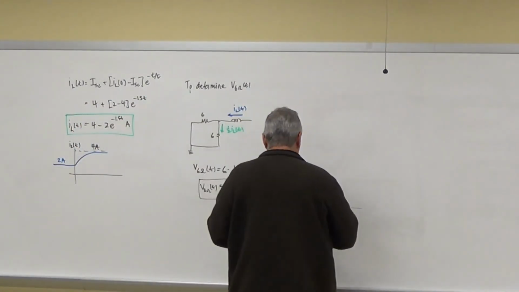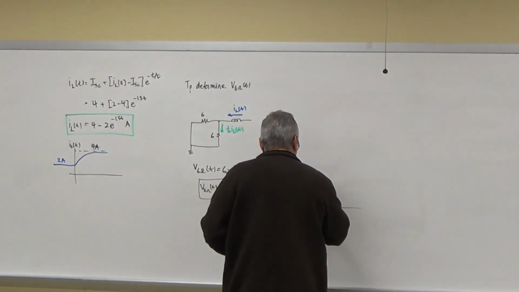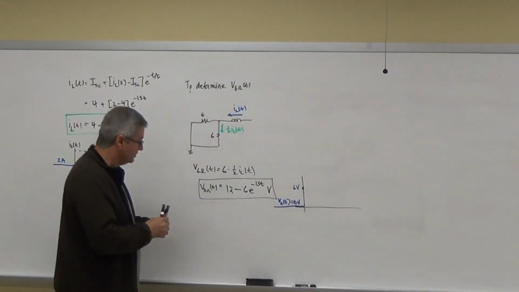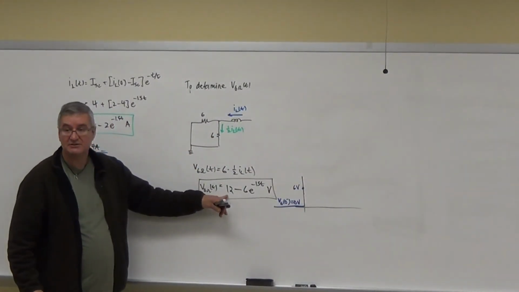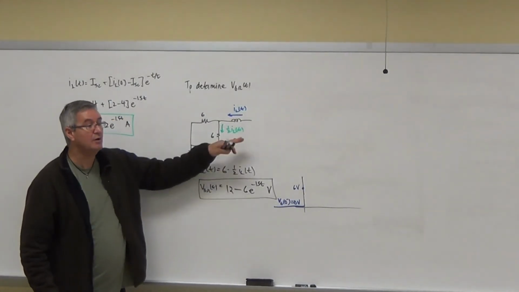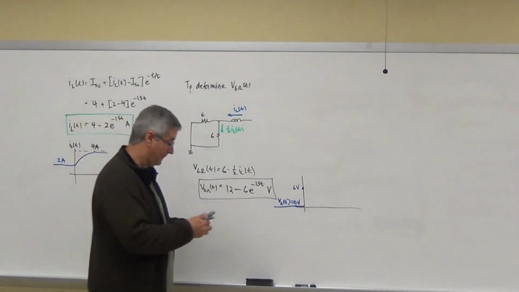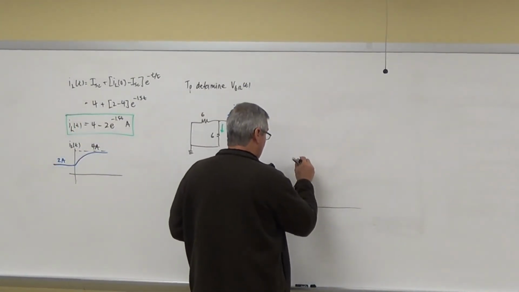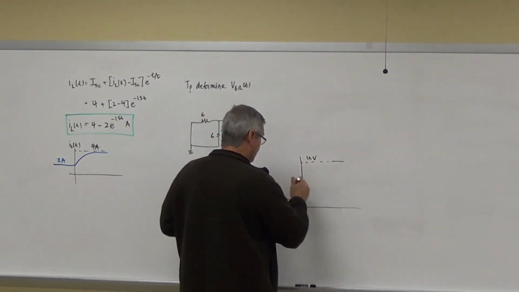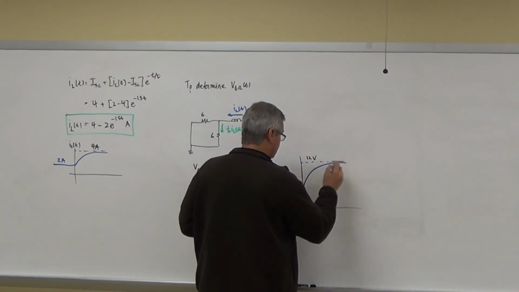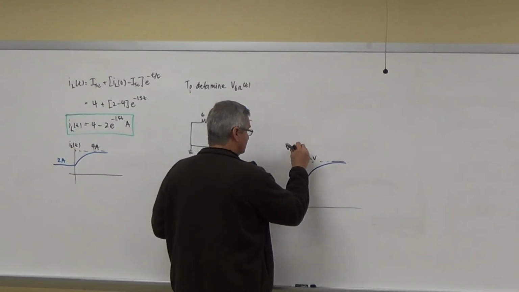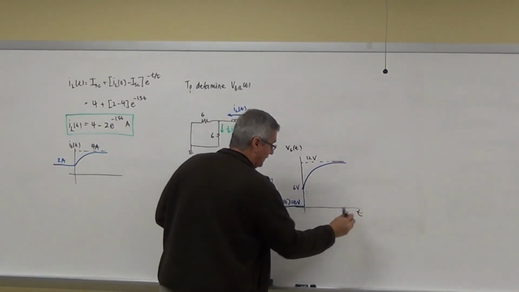From this line, you can see this is going to increase by 6 volts, going from 6 all the way up to 12 at t equal to infinity. If I make this my 12 volt line here, this voltage jumps up like this. And this is the voltage of the 6 ohm as a function of time.